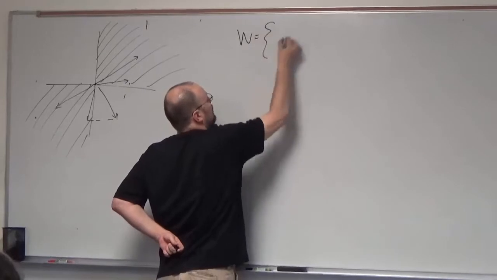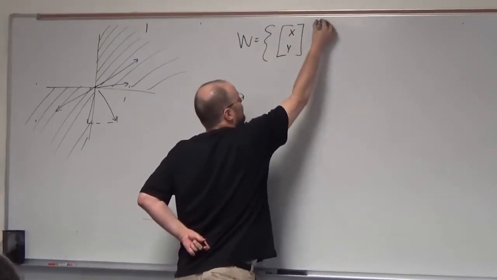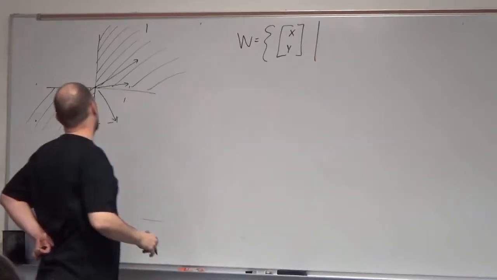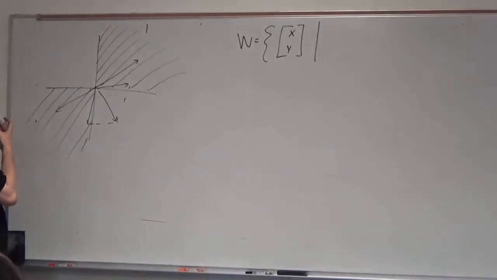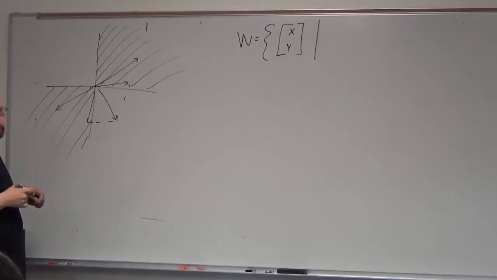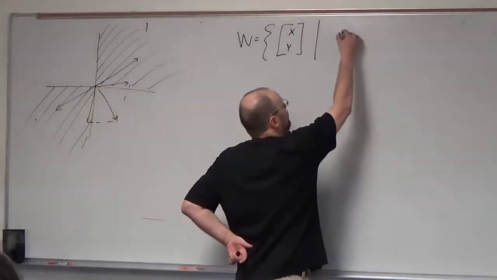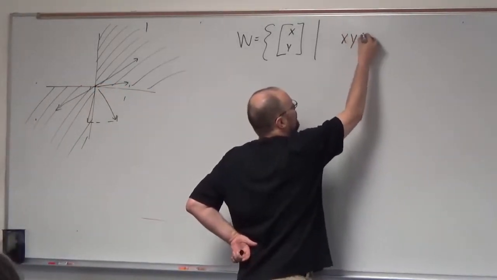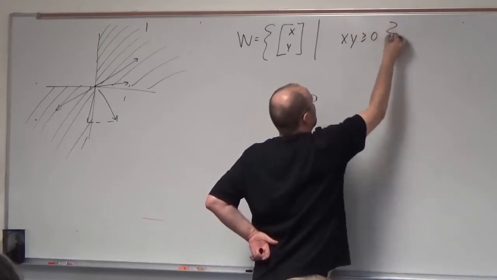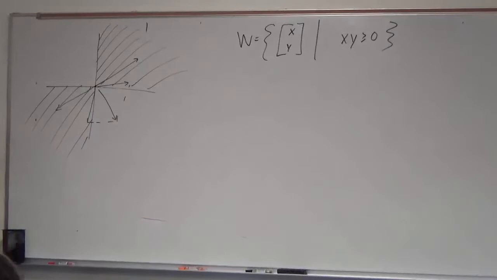I would say it's all vectors in R2 such that, how do you characterize that? Okay, they're either both positive or both negative. Exactly. And we're simply going to say that the product is not negative, right? Negative times negative is positive.